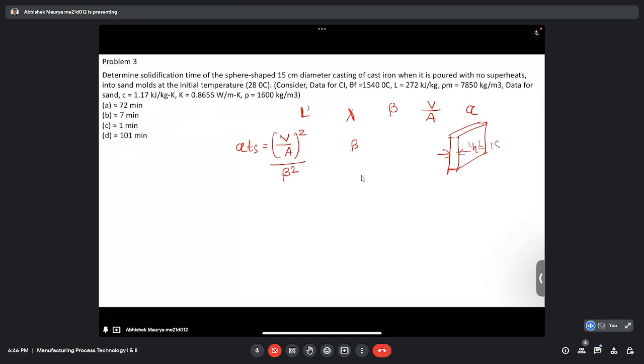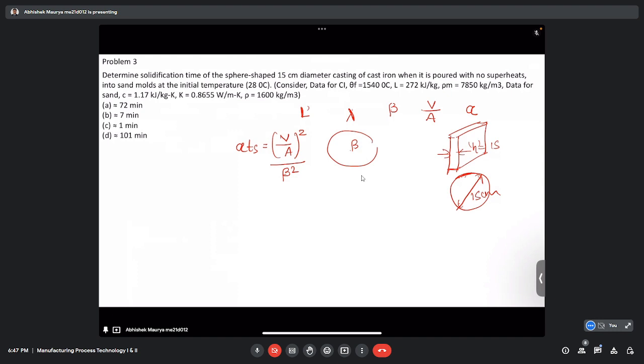Now we are going to make a spherical casting, and now the diameter is 15 centimeter. So the geometry has changed, but because of the change of geometry, which factor is affected? That is beta.